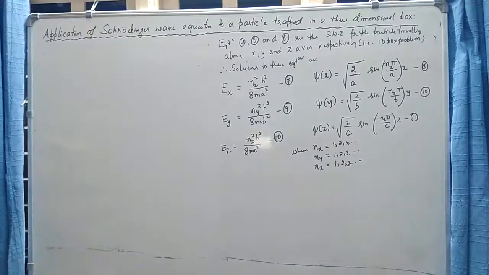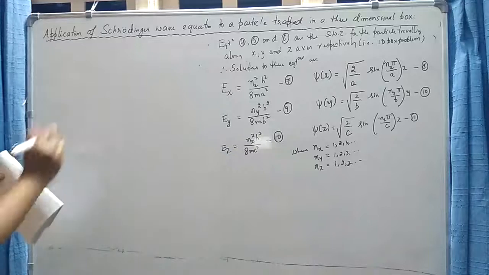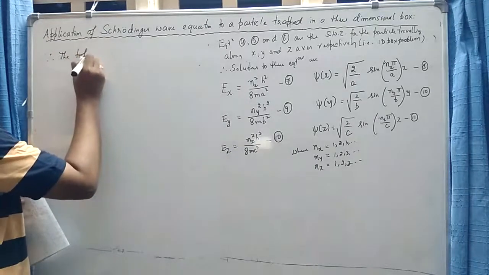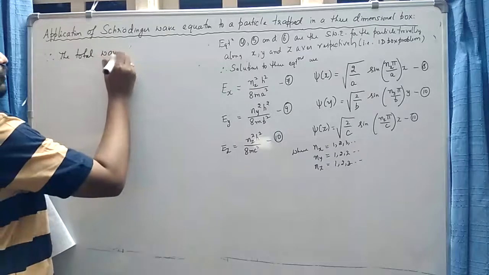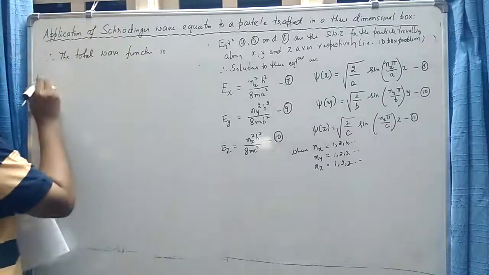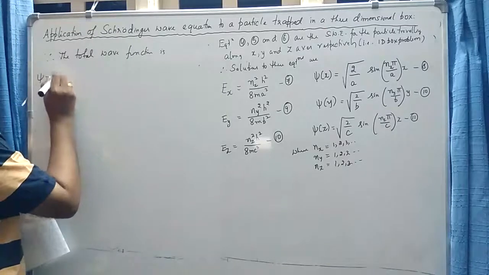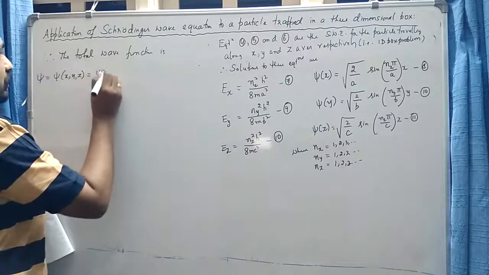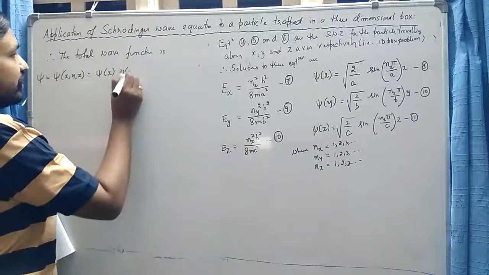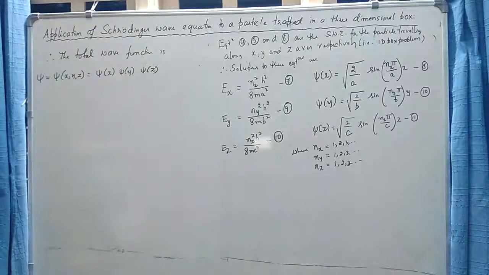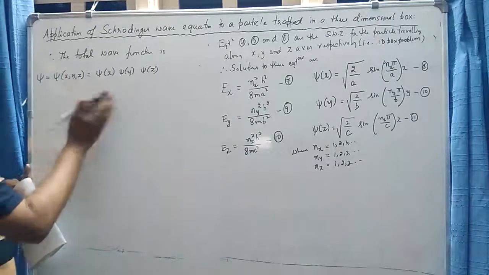Therefore, the total wave function psi of x comma y comma z is equal to psi of x into psi of y into psi of z, which is nothing but equation 2. I have rewritten equation 2 here.